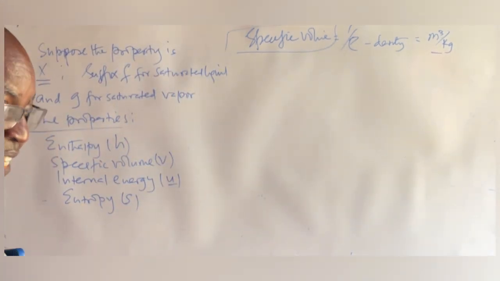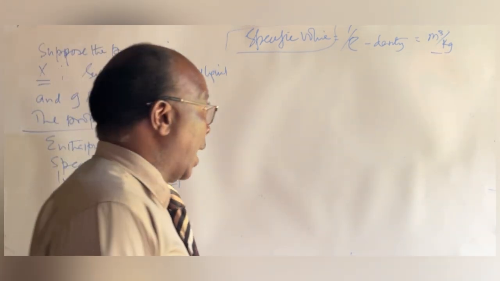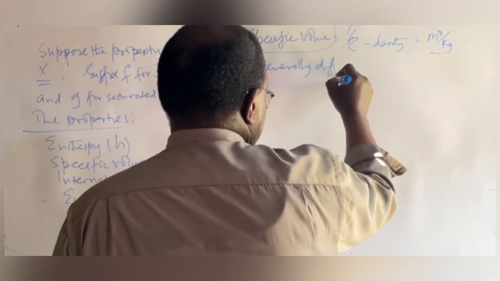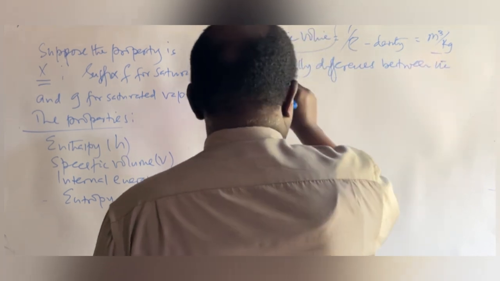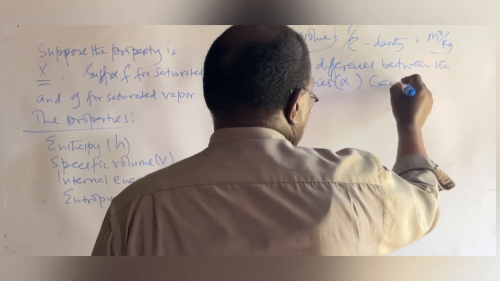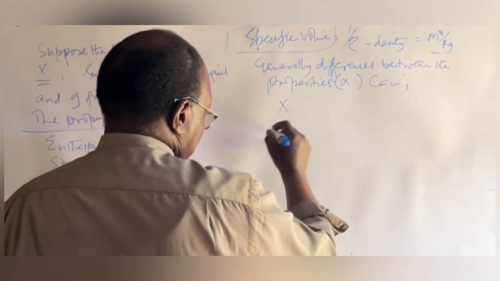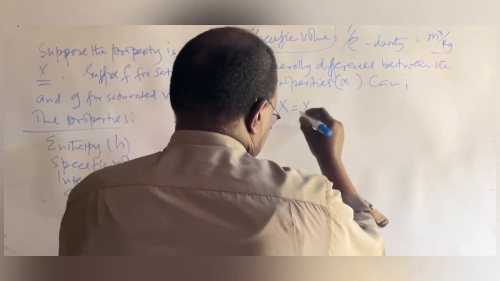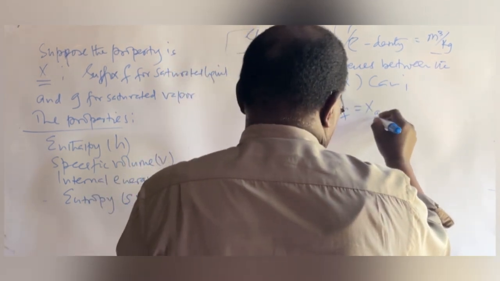Now, the differences between these properties can be expressed if we just use the general term. Generally, the differences between the properties which we labeled as X can be expressed as X is equals to Xg minus Xf, and that is equals to Xgf.